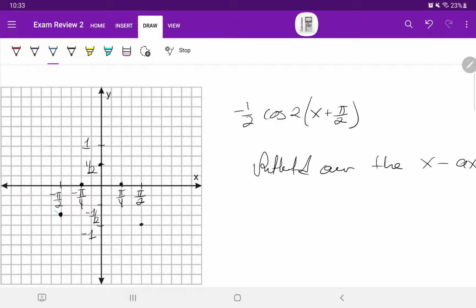That is reflected across the x-axis. Oops, I put my point too far down there. I just noticed the distance wasn't the same. And this is function d of x.